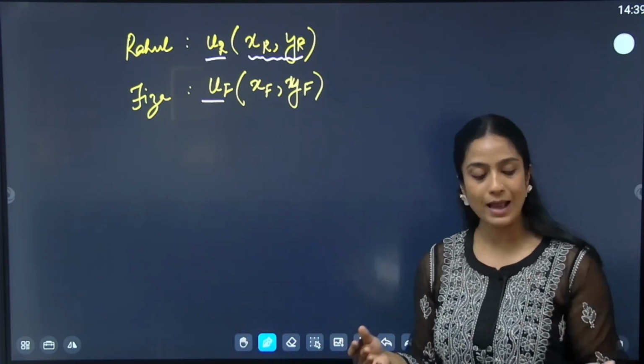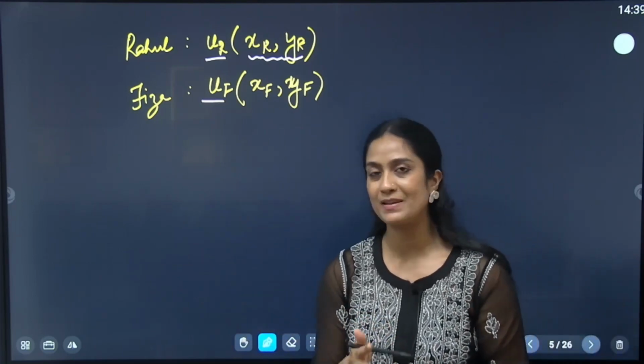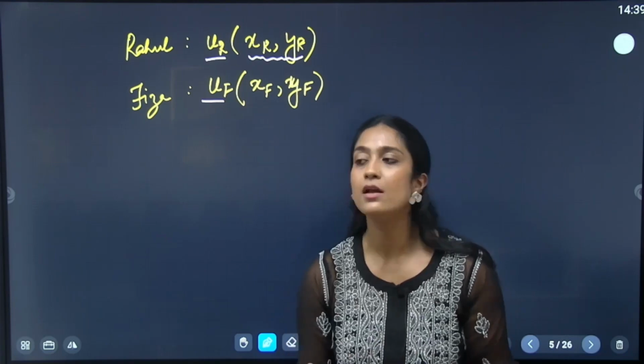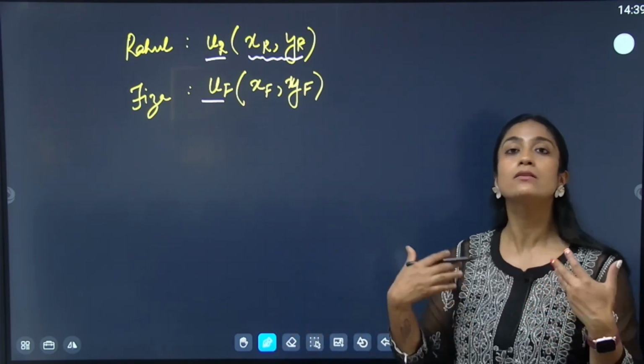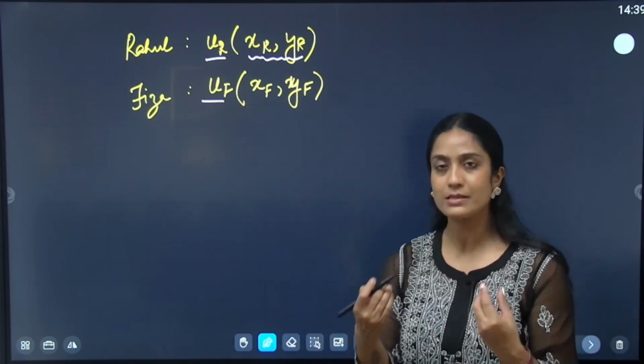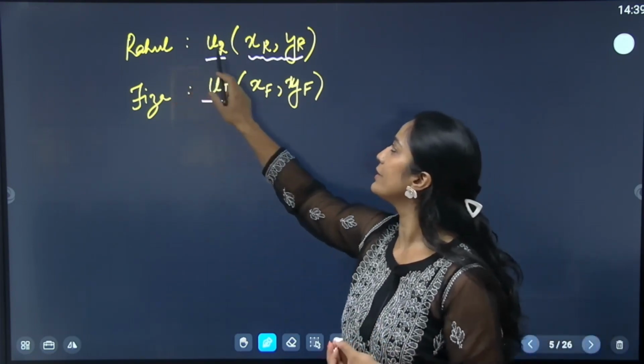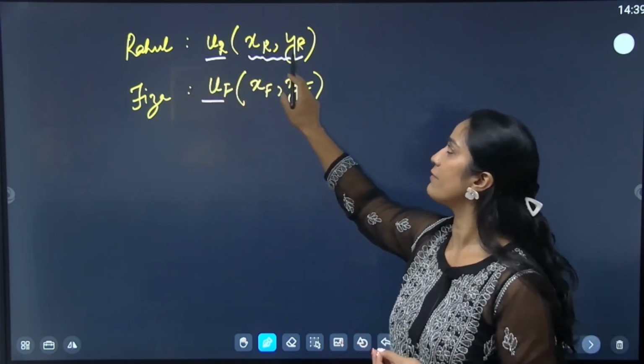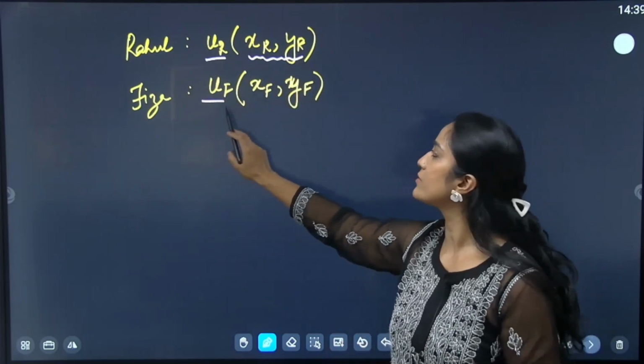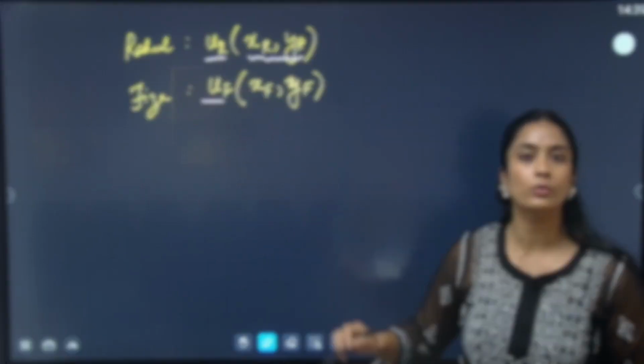So this model has no jealousy, this model has no altruism. ठीक है. मुझे इससे फर्क नहीं पड़ता कि तुम्हारे पास क्या है, जितना मेरे पास है, my utility will be determined by that. Right? So Rahul's utility is given by UR, which is a function of Rahul's bundle, and Fiza's utility is a function of Fiza's bundle only.